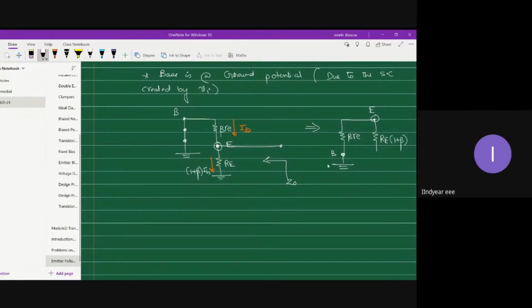The other end of RE is also grounded, and this is where I will be seeing my output impedance.